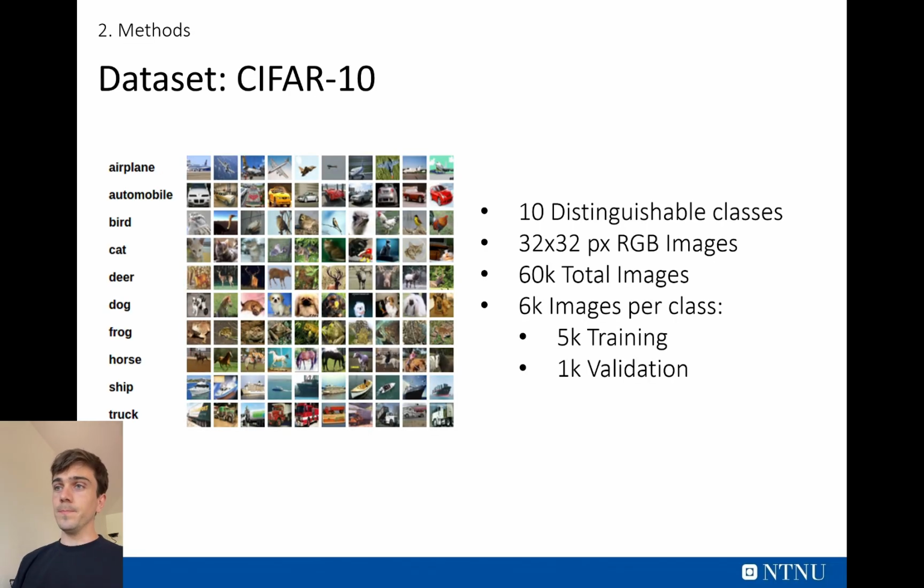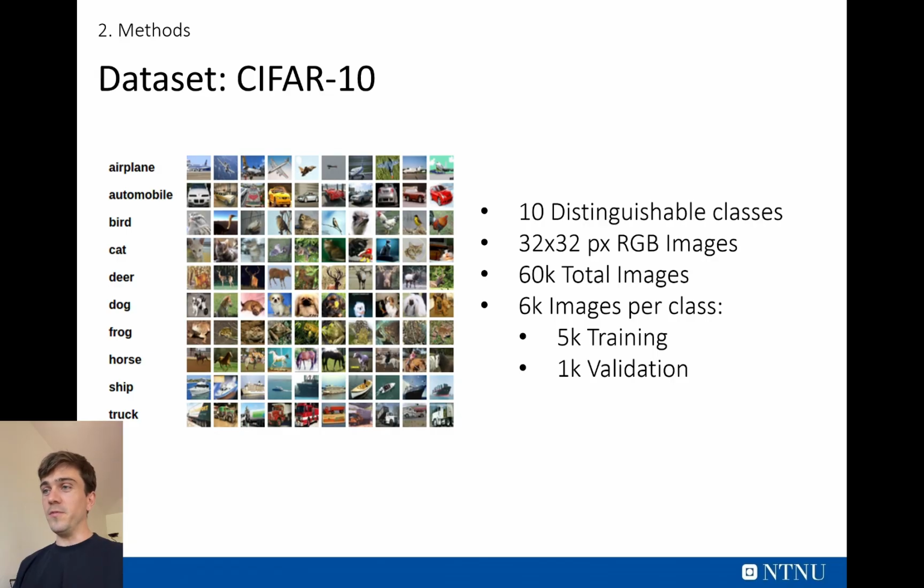I used the CIFAR-10 dataset, which was pretty simple. It has 10 distinguishable classes, very different from each other, and 32 by 32 pixel RGB images. I was using low resolution so I could test faster and more easily.